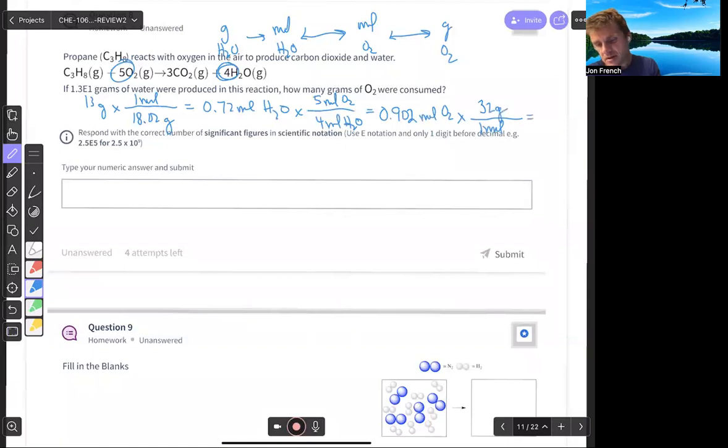So multiply that by 32, and I get 28.85 grams of oxygen. 2 significant figures because our mass is 2 significant figures. So I'd say 2.9 e to the 1 grams of oxygen. 100%, you're going to see a question like this on your exam.